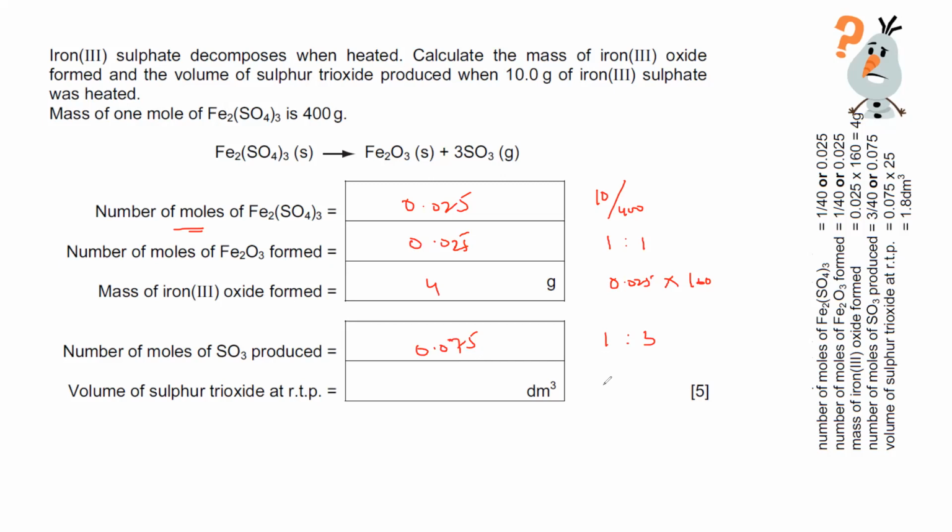And this, to get the volume, 0.075 multiplied by 24. So 0.075 multiplied by 24, your answer will be 1.8 decimeter cube.